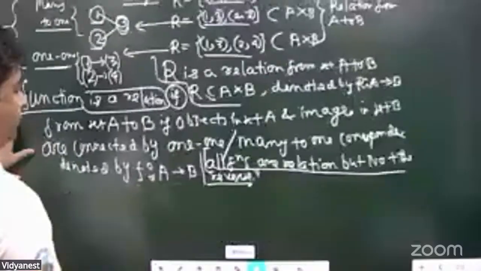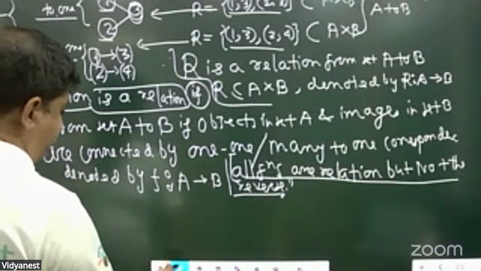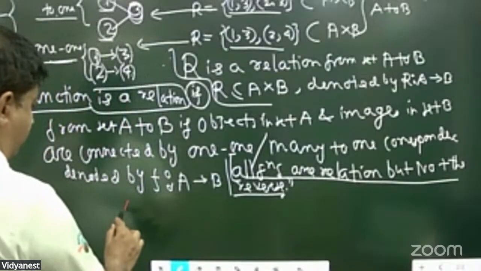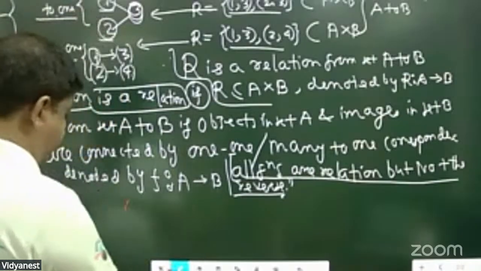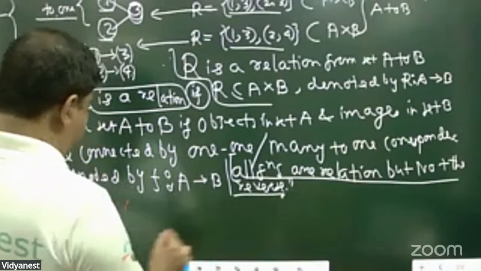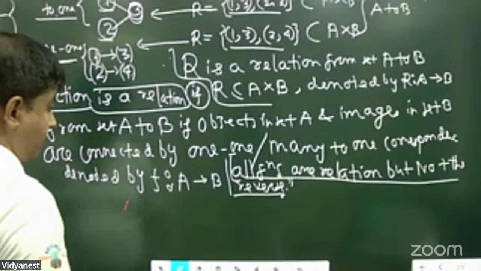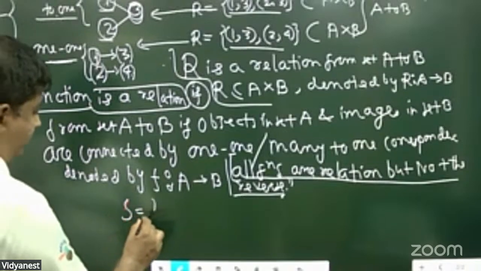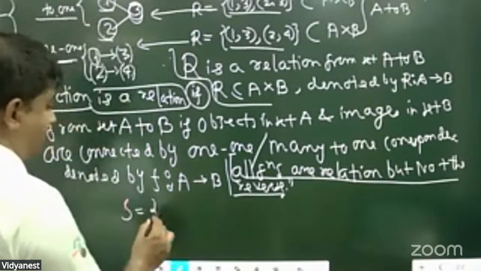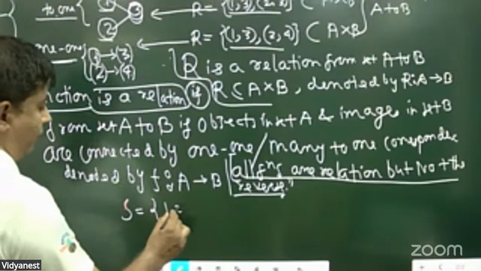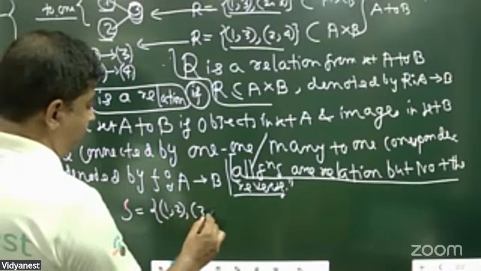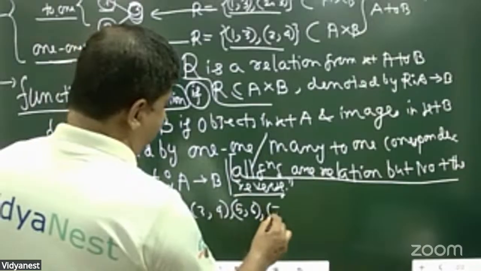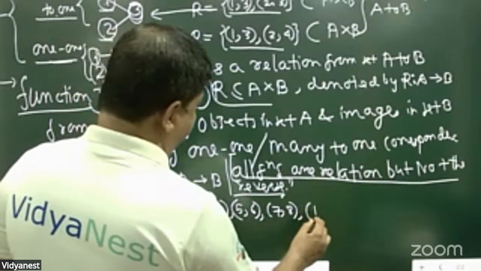Now, see, suppose there is a set S which contains these elements 1, 2, 3, 4, 5, 6, 7, 8, 1, 9.